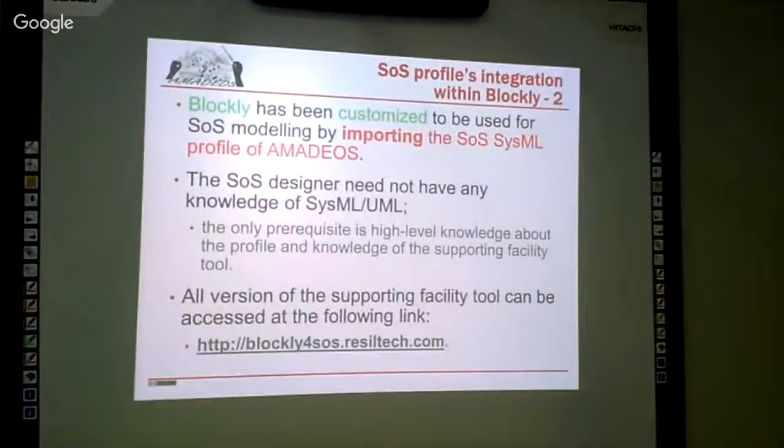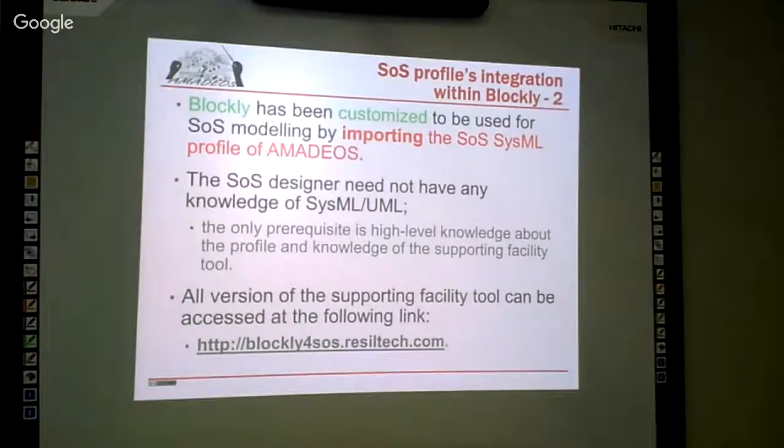Then the guys did this job. Since we said it's easily customizable, they customized Blockly for describing and designing systems of systems. So they specialized all the blocks which were necessary and which represented the concepts and constructs that we had in the profile and in the conceptual basis of the system of systems provided by Amadeus.